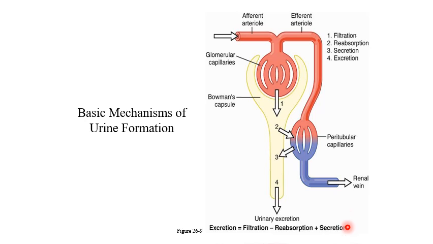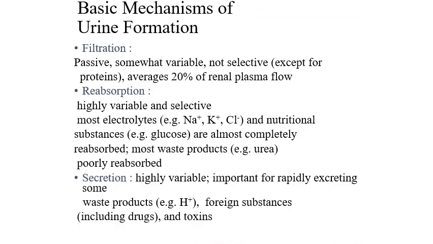This will give us the excretion rate. So these are the mechanisms that are important for urine formation. Excretion equals filtration minus reabsorption plus secretion.